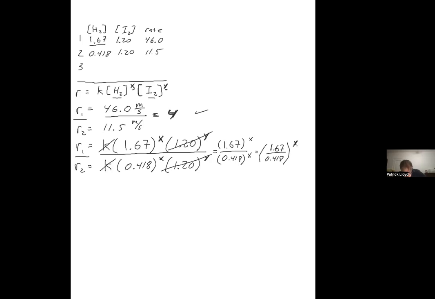So if I have a to the X over b to the X, that's equal to a over b raised to the X. The advantage of doing that is that now I can do the division inside the parentheses and you get 3.995.